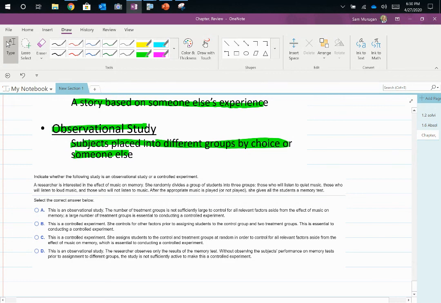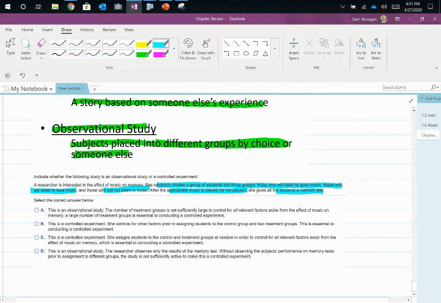This question says a researcher is interested in the effect of music on memory. She randomly divides a group of students into three groups: those who will listen to quiet music, those who will listen to loud music, and those who will not listen to any music. After the appropriate music is played or not played, she gives the students a memory test.